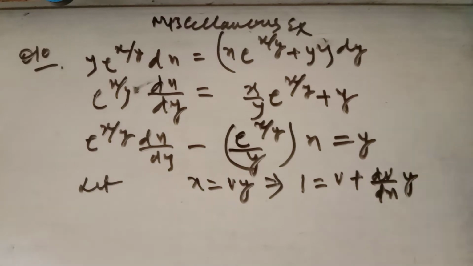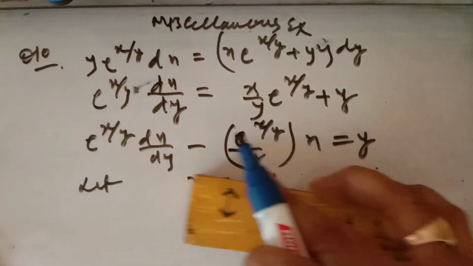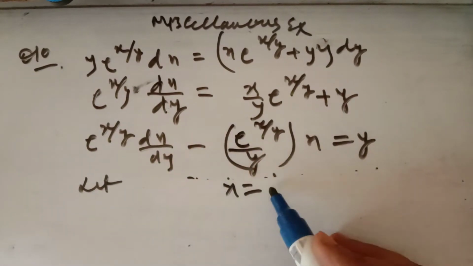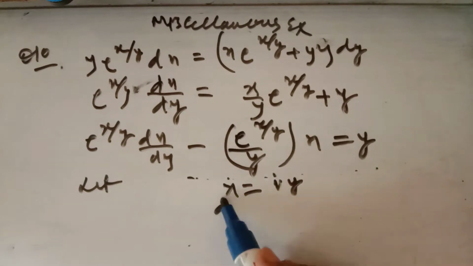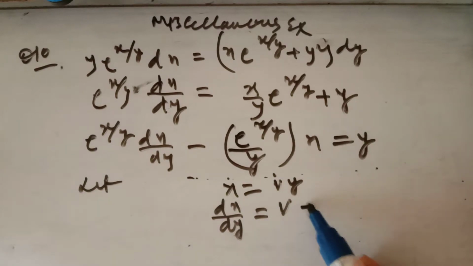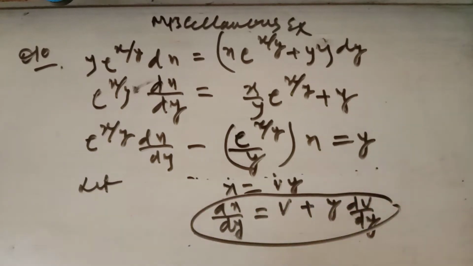Differentiate both sides with respect to y, because we have dx/dy here. Differentiating y gives 1, and differentiating v with respect to y gives dv/dy. So this is the value of dx/dy.